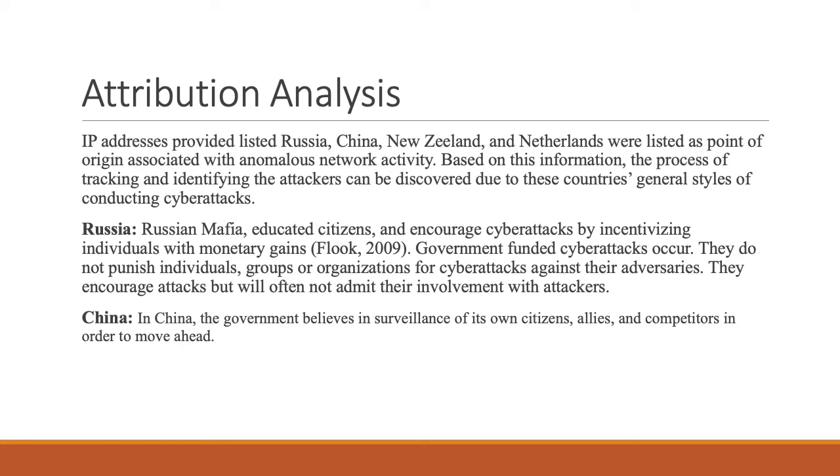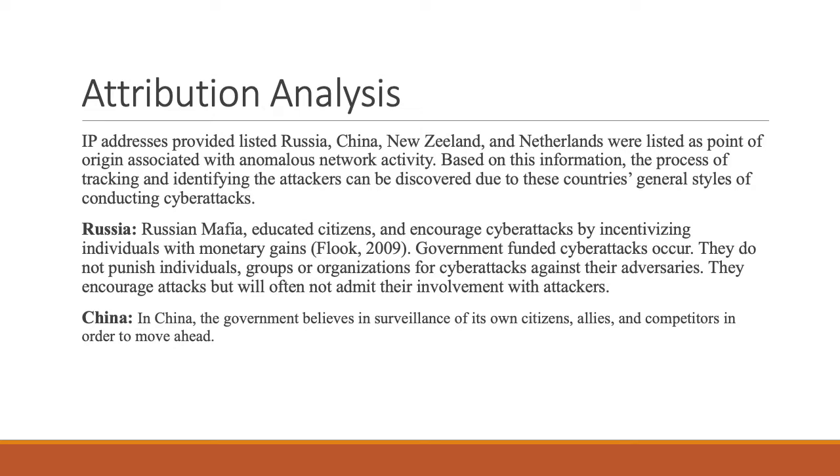Next, we're going to look into attribution. So again, as we understand potential attack vectors, we must also look into attributions in order to discover the identity of the potential attacker. In the previous step, in project number 1, IP addresses were provided that were associated with the unregulated activity going on in the systems.